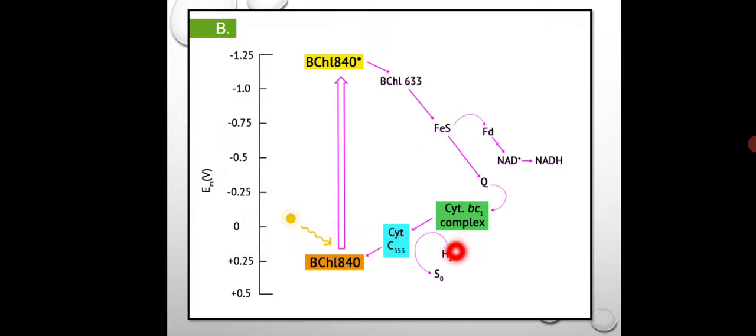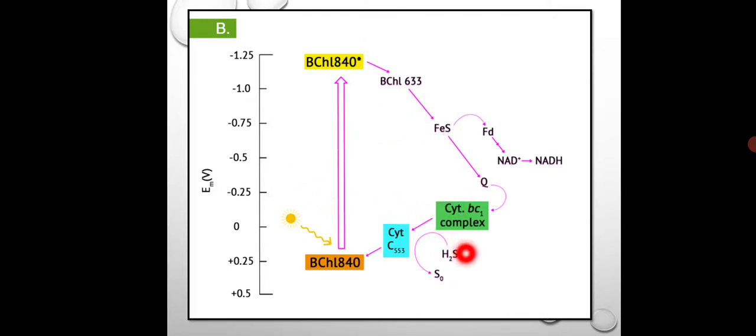So these electrons are provided by hydrogen sulfide to cytochrome c553, and at the same time hydrogen sulfide gets converted into sulfur. And then the electron enters back into our photosystem P840. So this is all about the flow of electrons in green bacteria.